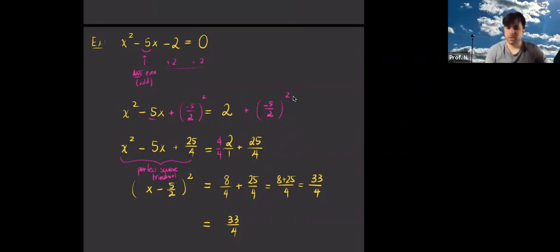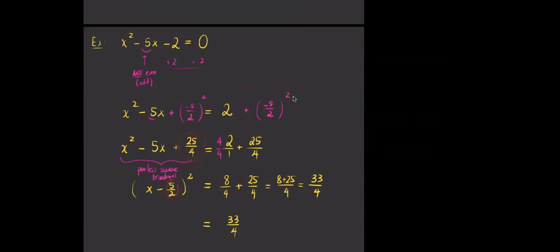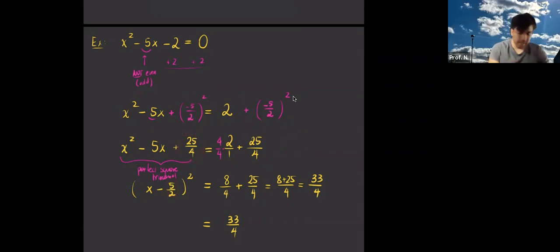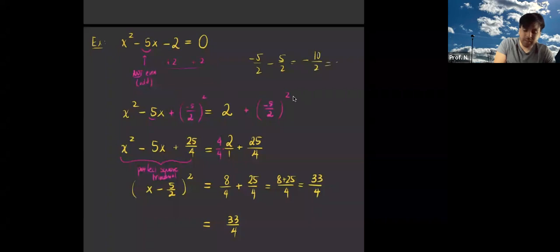So you see that? 5 halves, when you square it, gives me 25 over 4. And then it has to be negative because negative 5 halves minus negative 5 halves, right? Minus 5 halves is negative 10 over 2, which equals negative 5, which is the middle term. So that's precisely the factorization.